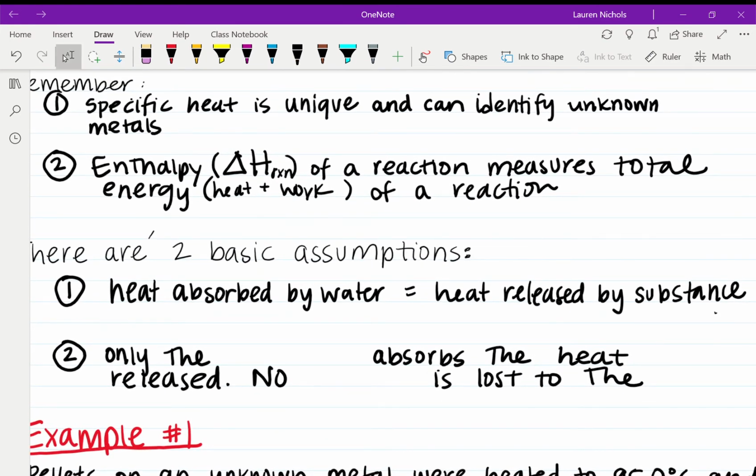The heat absorbed by the water is equal to the heat released by the substance. That it's exactly the same. Now, in reality, it's not actually exactly the same. Some of the heat might not actually get released, or some of it might be absorbed by something other than the water, and so it might not be that way. But for our calculations, we assume that they are equal.